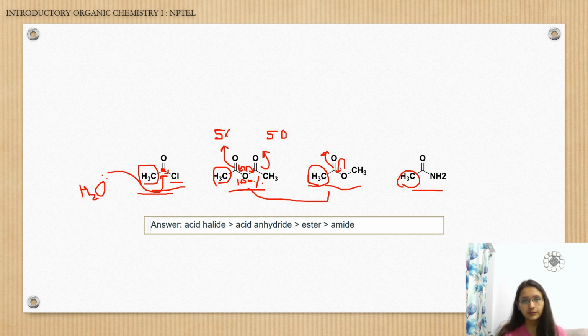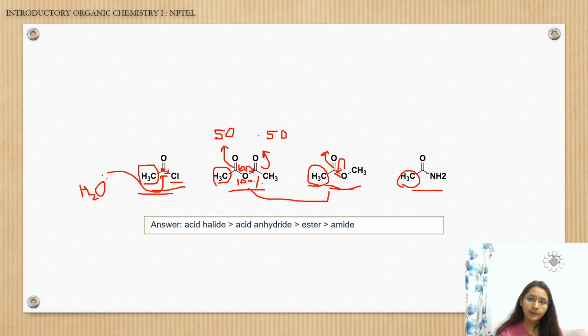There is a competition. But in the ester, the whole 100% donation is going to one carbonyl only. So there is a partial double bond getting created between C and O. That is why this carbon is less electropositive in the ester when you compare it with acid anhydride, because the carbonyl is getting only 50% of the electron density of this oxygen. That is why anhydride is higher in electropositivity than ester.